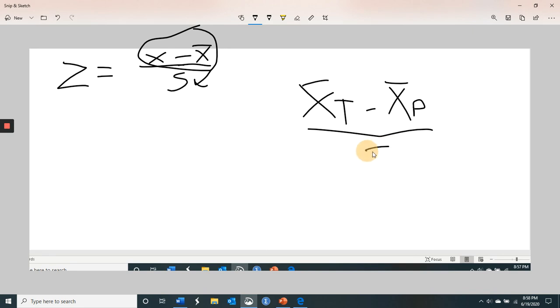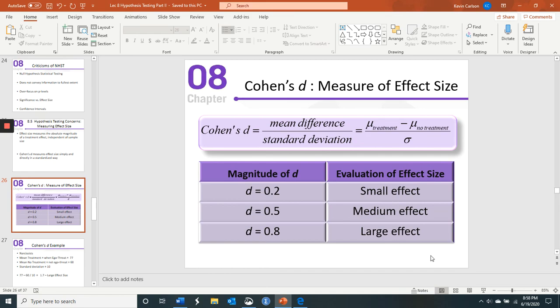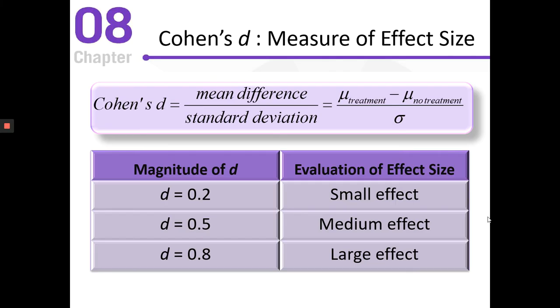We don't know unless we standardize it. Same formula. We don't know how big that difference is between two groups unless we compare it to the standard deviation. That's all we're doing. We've done that before. So that's what Cohen's d is. It's just like what we've done before. And then that number tells us how big the difference is between those two groups.